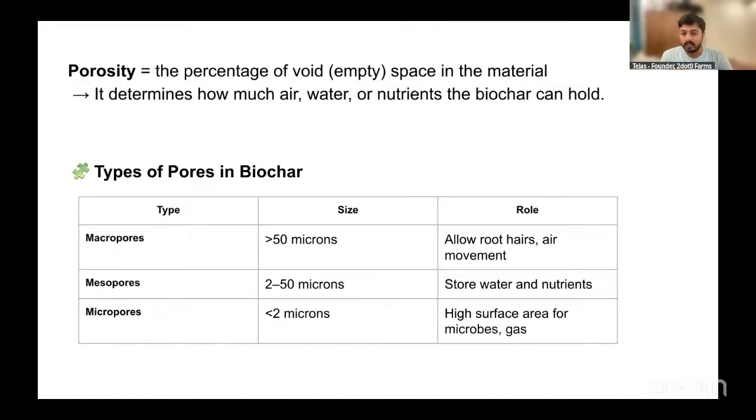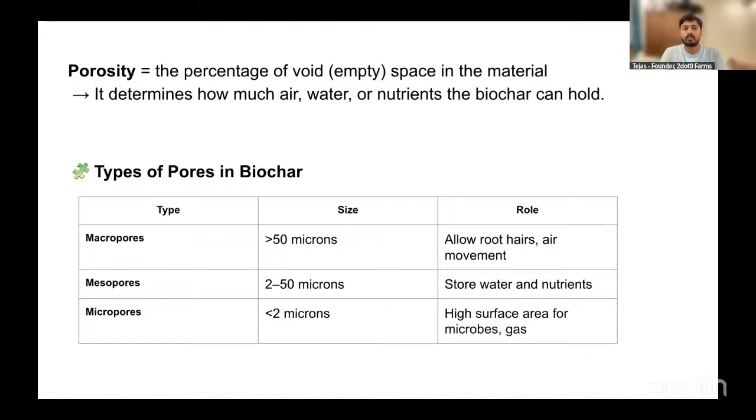Meso is the right size to store water, hold on to nutrients, and create adsorption properties, and they become more significant at this size. And micropores are usually high surface area, and they can be used to absorb gases and even stop some of the emissions from the soil when put in as a soil amendment.